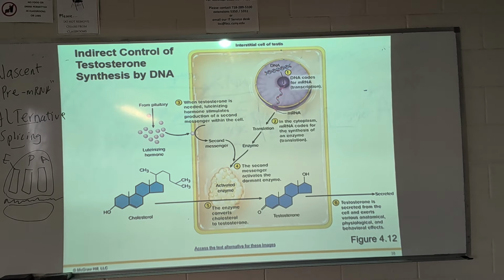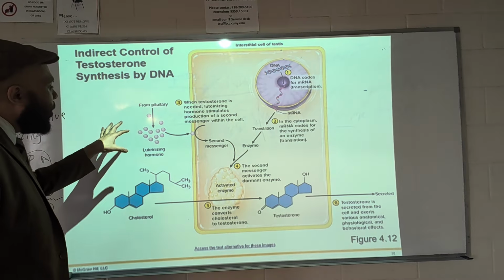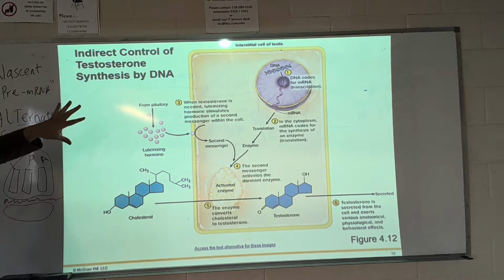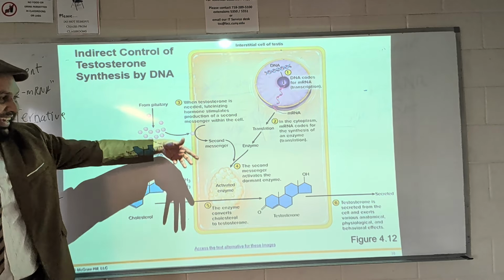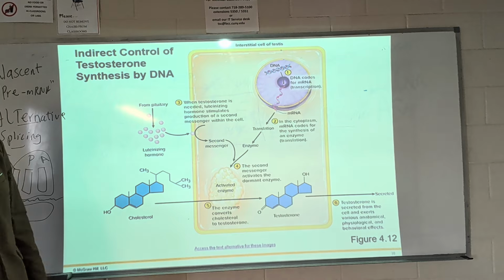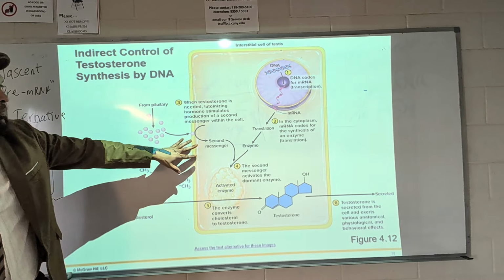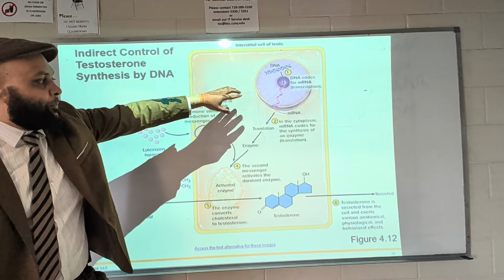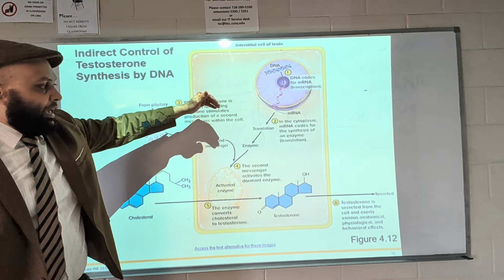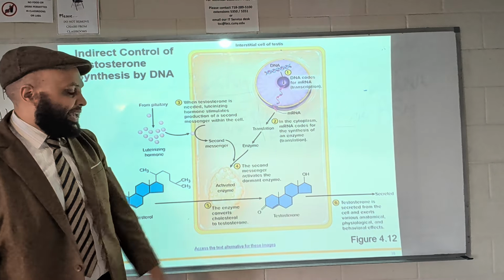So now let's look at what's happening here. Luteinizing hormone is going to have a signal transduction cascade, and this signal transduction cascade is going to, so we have a premature mRNA. The mRNA is out, translated. Now we have an enzyme.